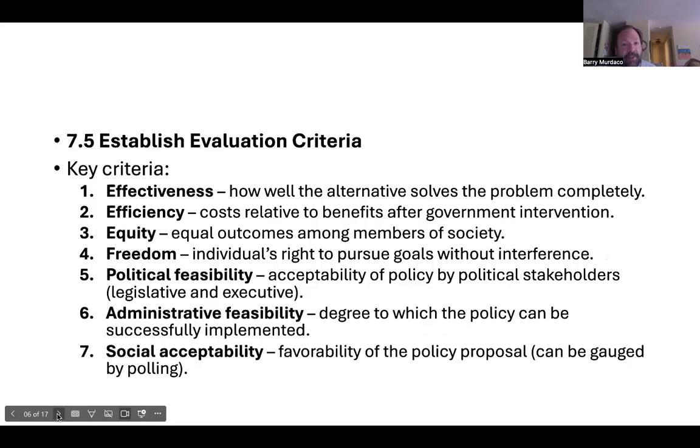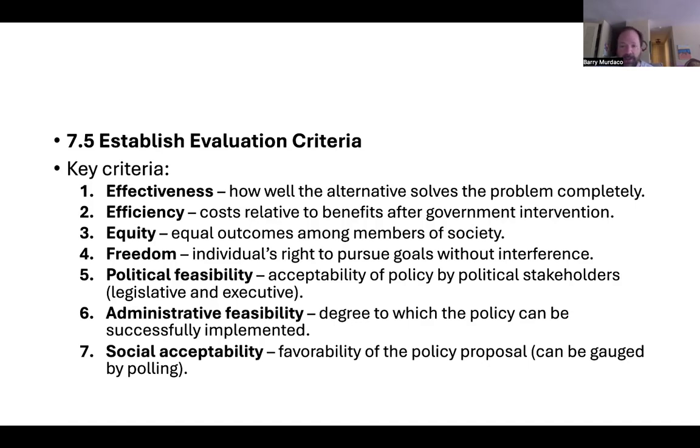Establish evaluation criteria. These are the ones that they use, and would be pretty commonly used, more or less, in other analysis of policy. Key criteria: effectiveness, how well the alternative solves the problem completely; efficiency, cost relative to benefits after government intervention.